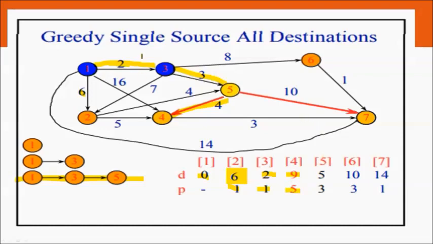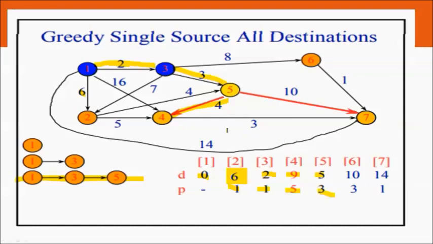Next, from vertex 1 to vertex 5. Vertex 1 to 3, and then 3 to 5, we have the distance of 5. So our predecessor is vertex 3.